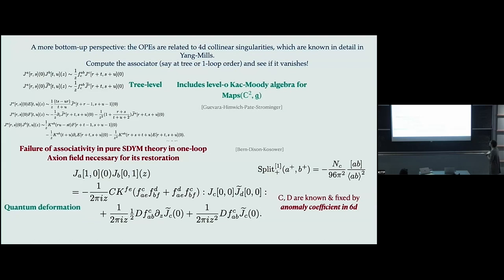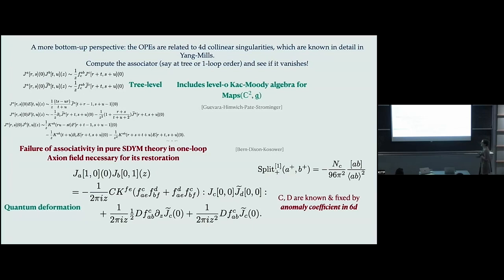And if you do this for self-dual Yang-Mills theory without the axion, again with both helicities J and J tilde, you find a non-vanishing associator by incorporating these one-loop contributions. So the associativity without the axionic field breaks down when you incorporate these loop effects, but the axion field is, well, I should say that it's certainly sufficient for the restoration of associativity.